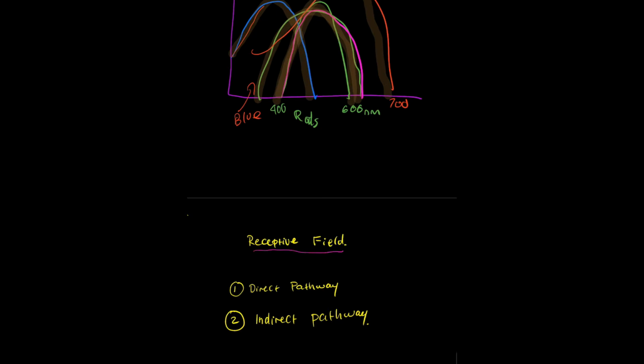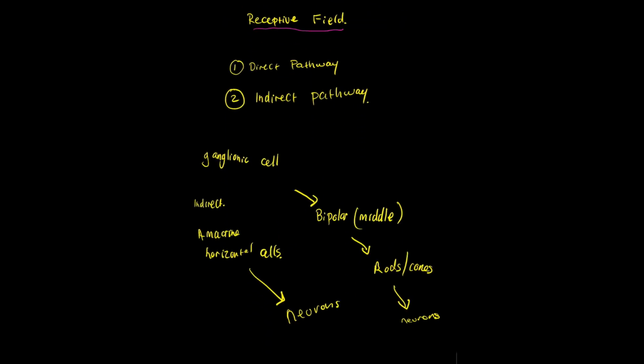I want you to think about receptive fields, and I'll explain what they are in a second, but just know there is a direct pathway and an indirect pathway. So hopefully by now you should know that at the retina, the rods and the cones are the furthest back.